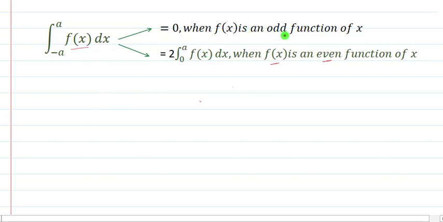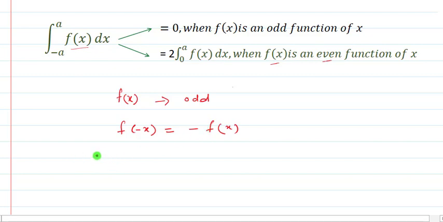Let me recall what an odd function is and what an even function is first of all. A function f(x) is called an odd function when f of minus x is equal to minus f(x). So in this case we call the function an odd function.